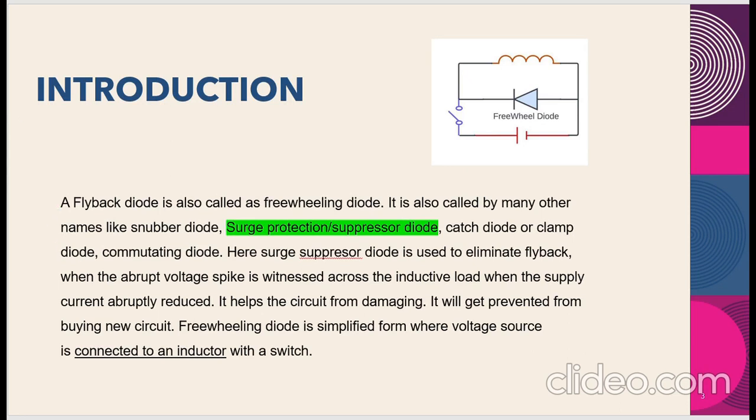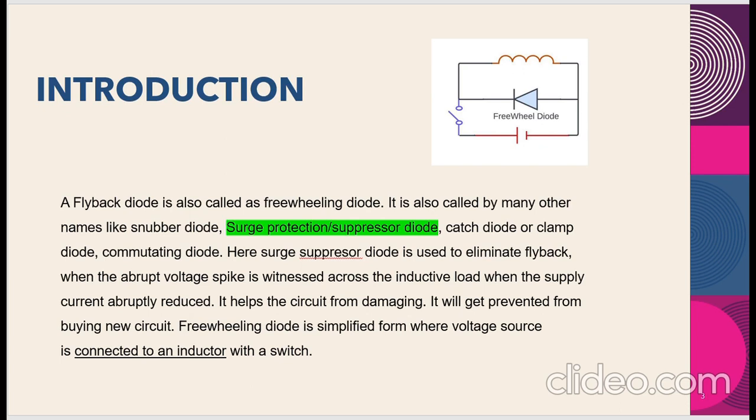As you see here, flyback diode. It comes with different names, as in industry it is used under different names. Basically, a flyback diode is also called a freewheeling diode.